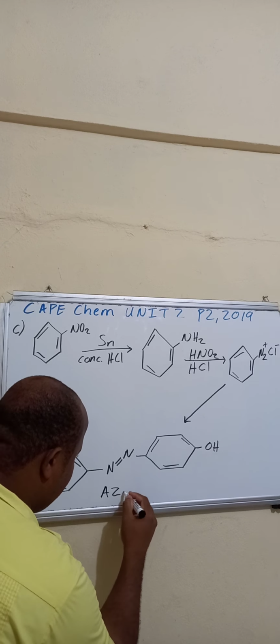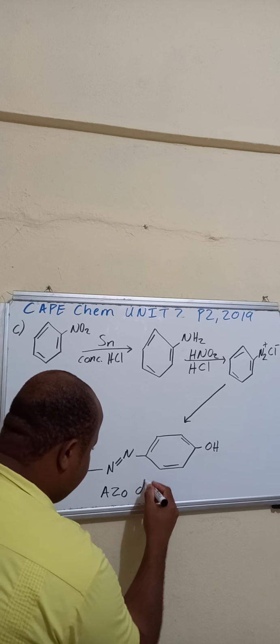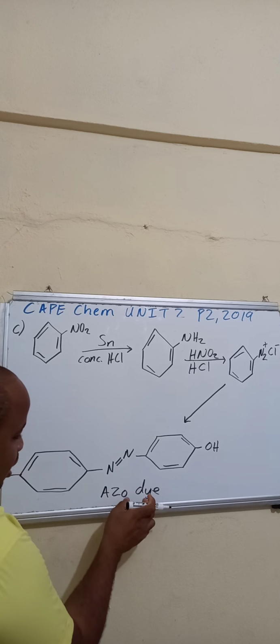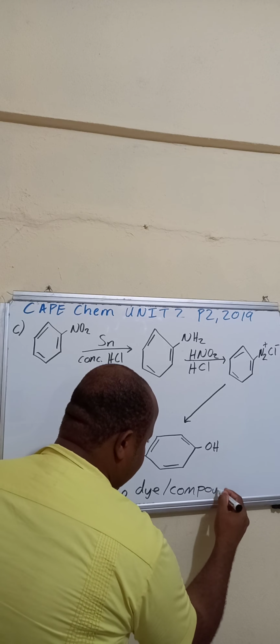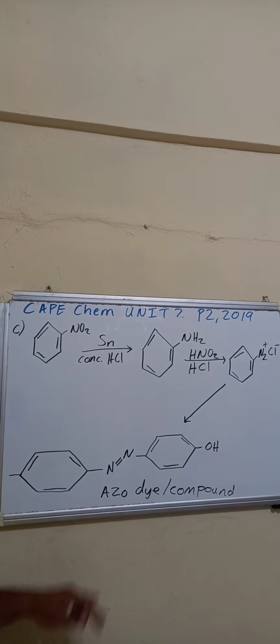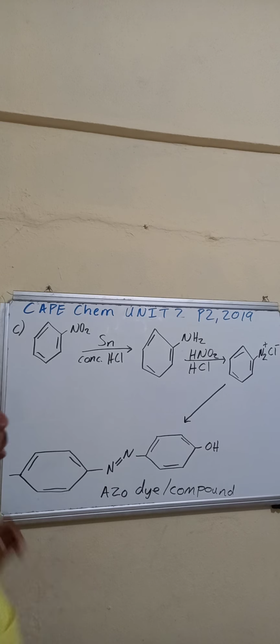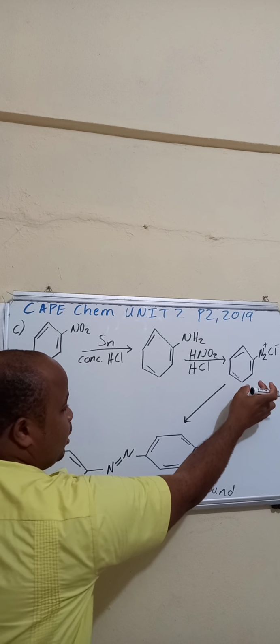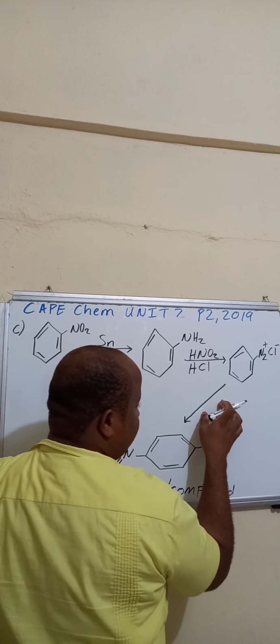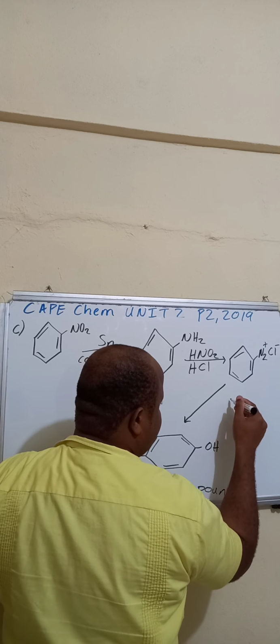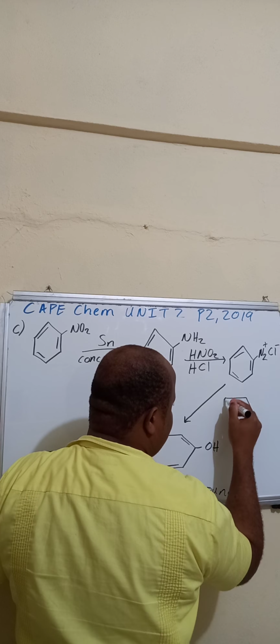So this is an azo compound, right? If I want to say azo dye, so it's a dye, alright? So to get our azo compound, you react the diazonium salt here with phenol. So at 3, you would draw phenol.